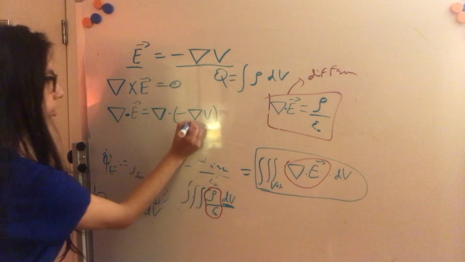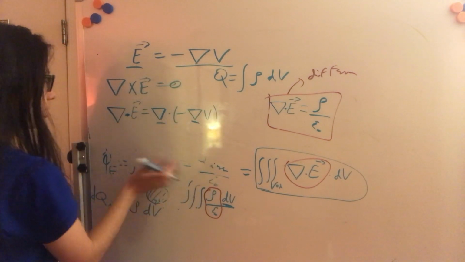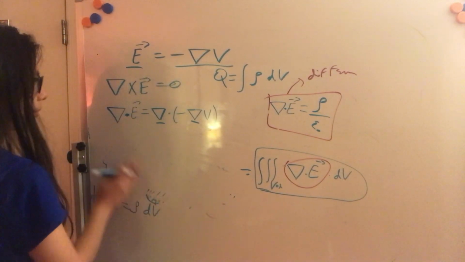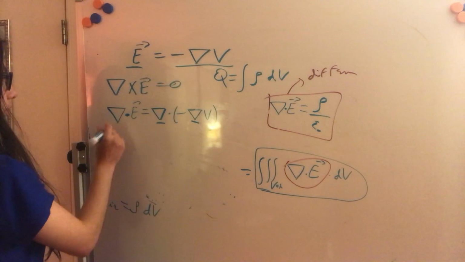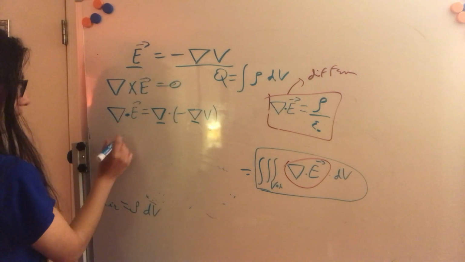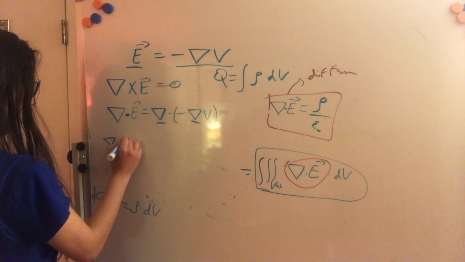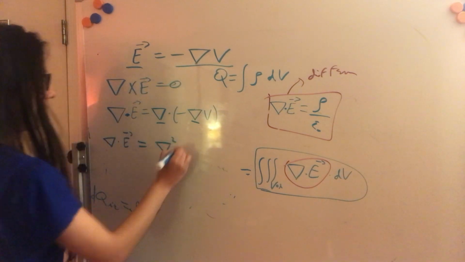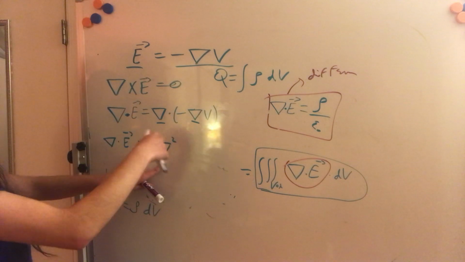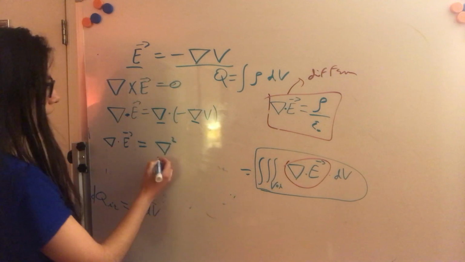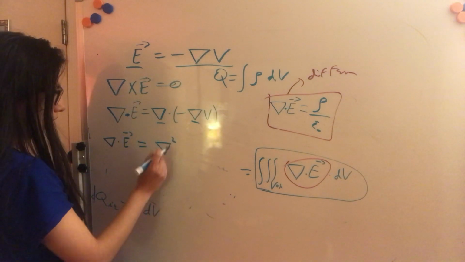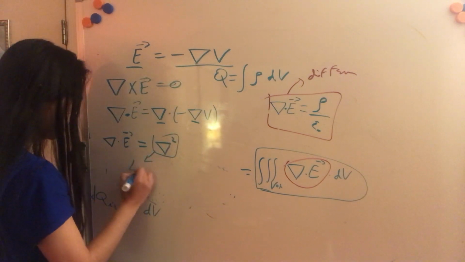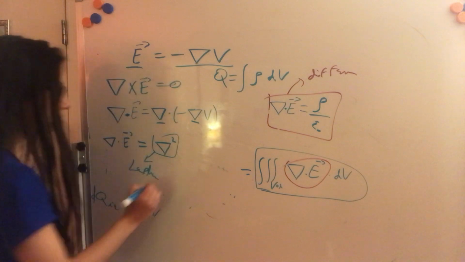Here, when we have this nabla, we can put it as just nabla squared, that is taking like the second partial derivatives. So we have that the divergence of the electric field is equal to, and when we have the second partial derivatives, this that is like nabla squared, all this is called the Laplacian or Laplacian operator.